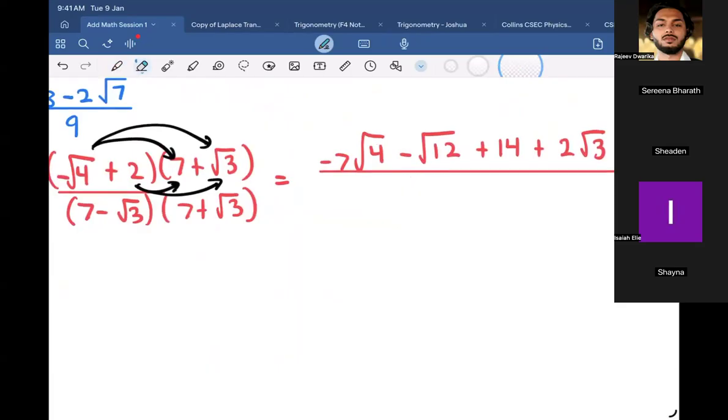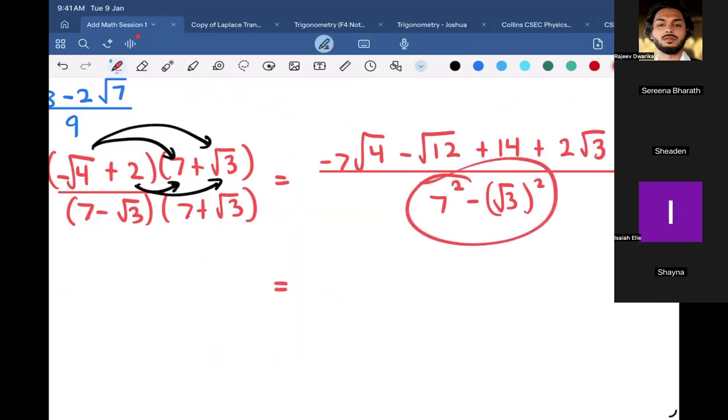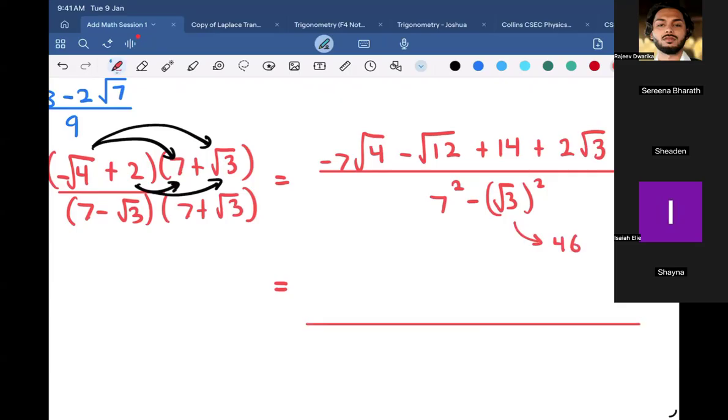That would be 7 squared minus root 3 squared. So this would work out to be what? 49 minus 3, right? 46.